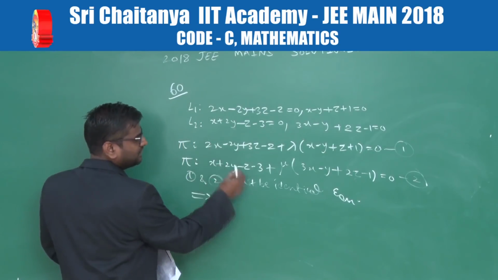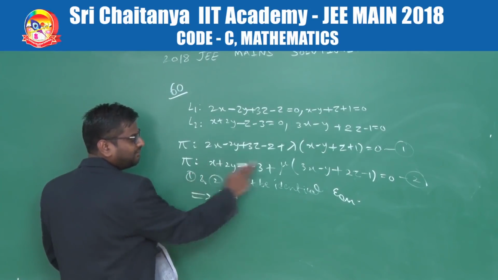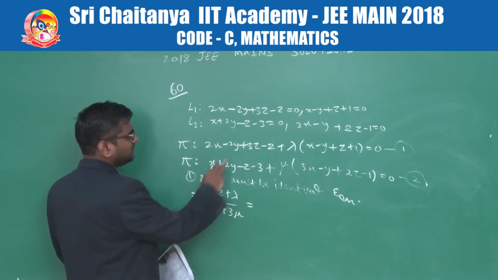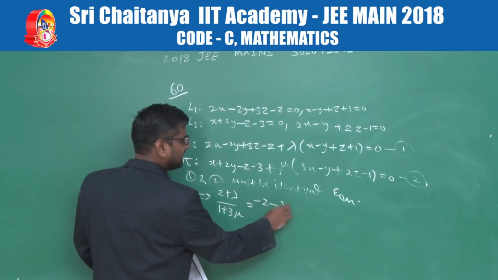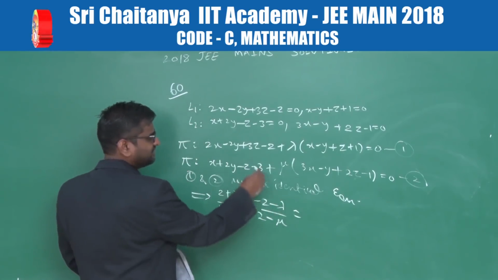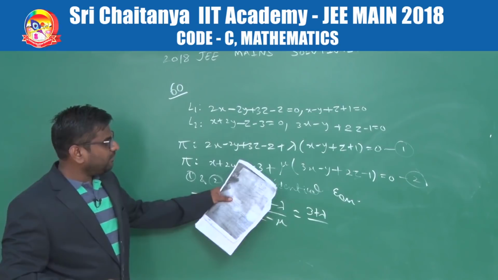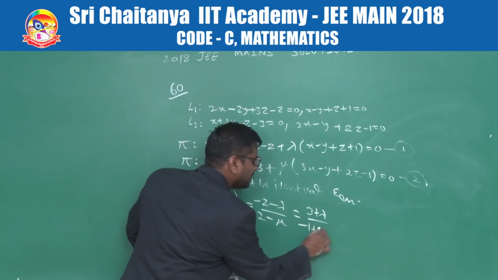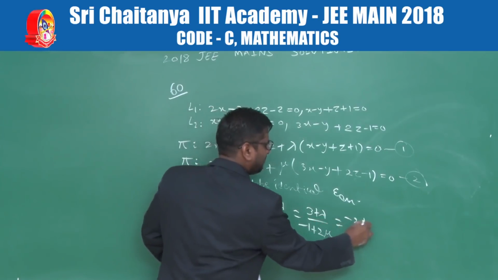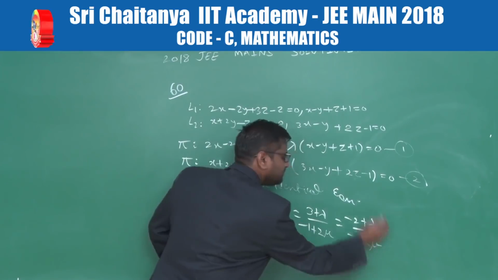Coefficient of x, if you see, 2 plus lambda in this equation, and here it would be 1 plus 3 mu, that should be equal to coefficient of y, minus 2 minus lambda by 2 minus mu, z coefficient, 3 plus lambda divided by minus 1 plus 2 mu, and that should be equal to the constant, minus 2 plus lambda divided by minus 3 minus mu.